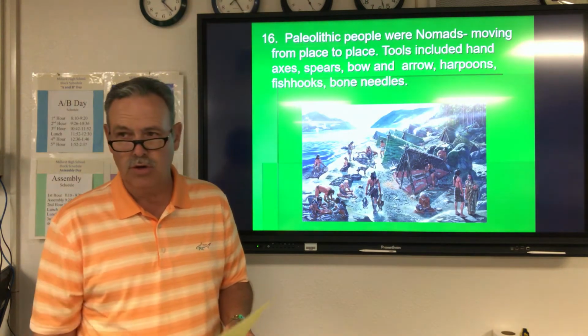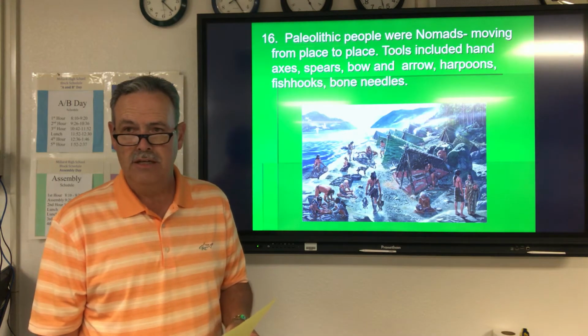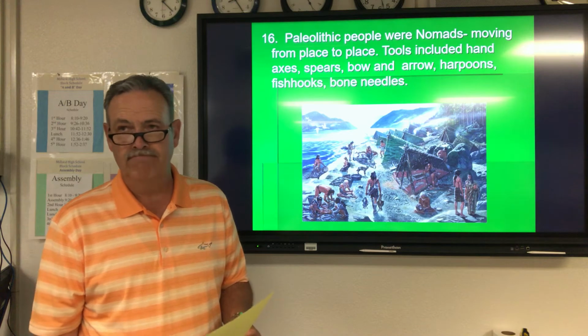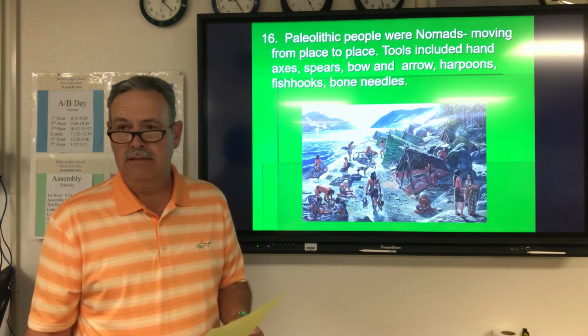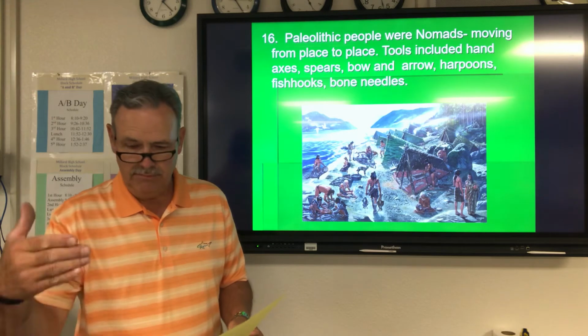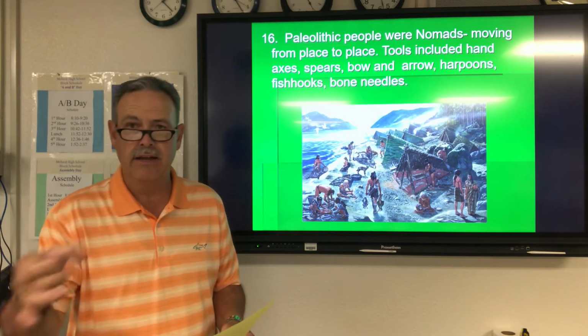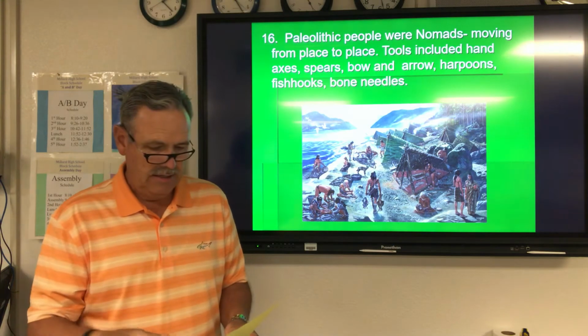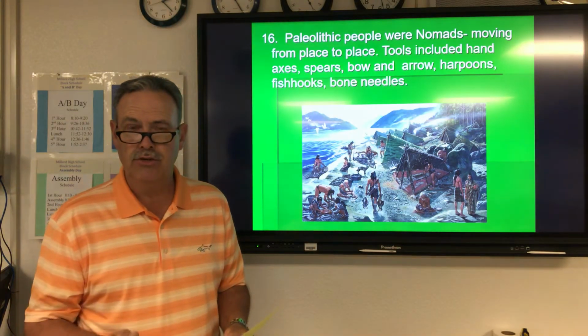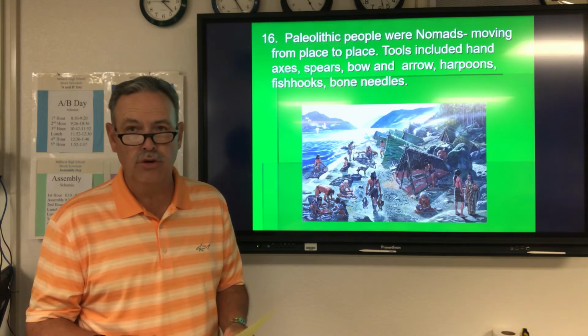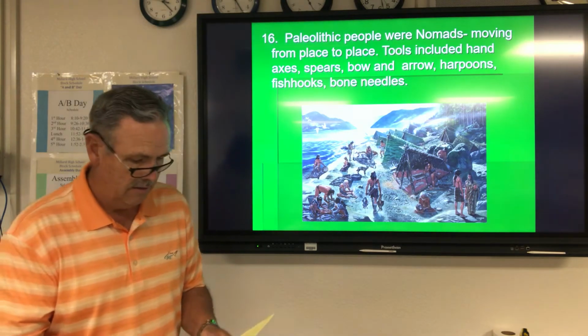Fish hooks, I'm sure, were probably also carved out of bone, or some very slender thing that could be hard, but pretty much they used most everything they could from these animals that they killed.